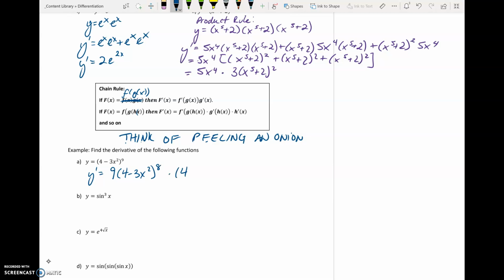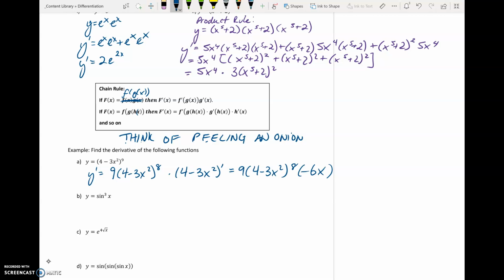Now I want to think about finding the derivative of the inside function. So that's going to be the derivative of 4, which is nothing, and then the derivative of negative 3x squared is going to be negative 6x using our power rule, and then that's it.